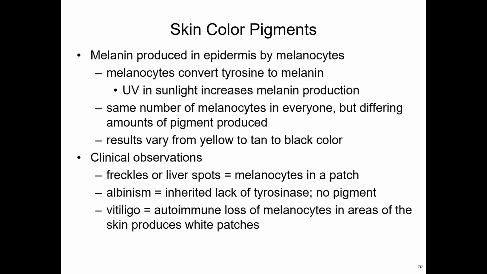We also have the yellow skin color coming from the disorder of jaundice. And jaundice is a malfunctioning of our liver where this yellow colored pigment is entering into the blood when it's not supposed to. There are a number of reasons for jaundice to develop.